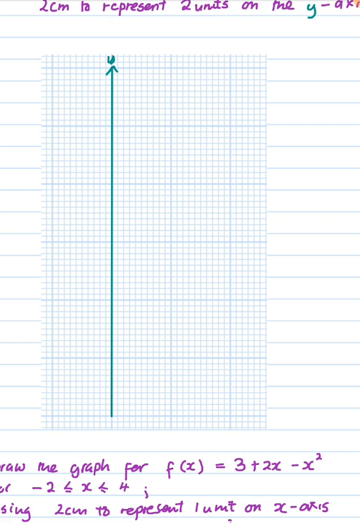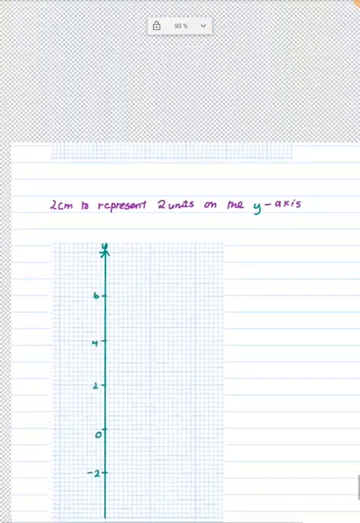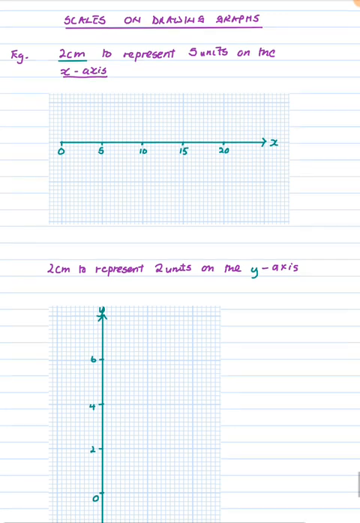Y-axis, look at the y. So it means where we have our 0, here this will represent minus 2, then here it represents 2, then 4, then 6. So that's how it is, right? So we have learned to do it on both the horizontal, which is the x-axis, as well as the y-axis.